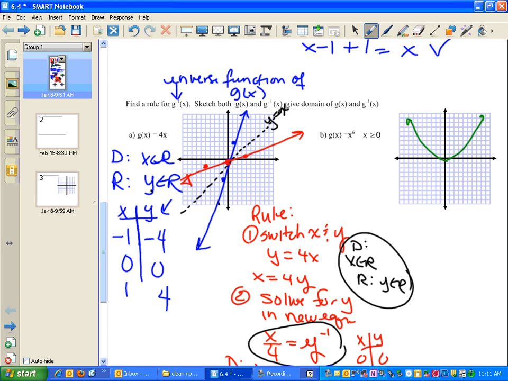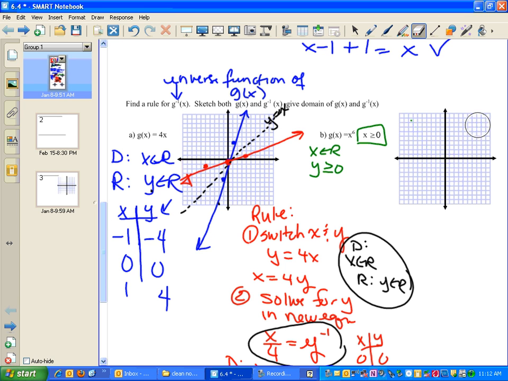Which if I just graph this would be telling me that x is an element of the reals, and y would be greater than or equal to 0, right? But this limits my domain. What does that do to my graph? So if I'm only wanting x greater than or equal to 0, do I want the right part of my graph or the left part?